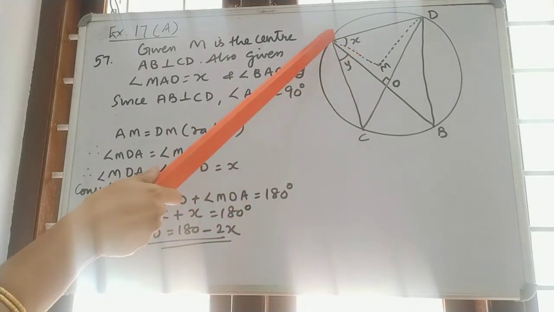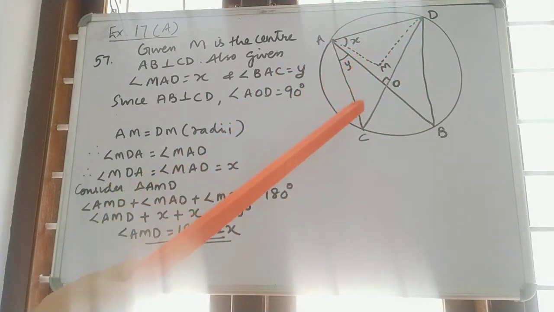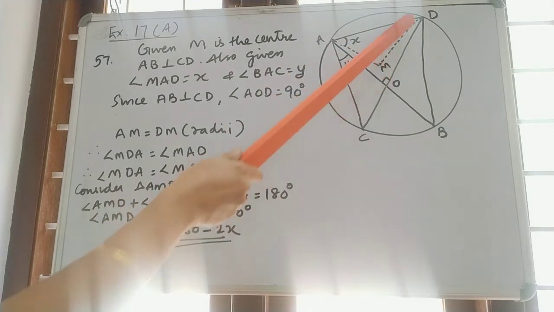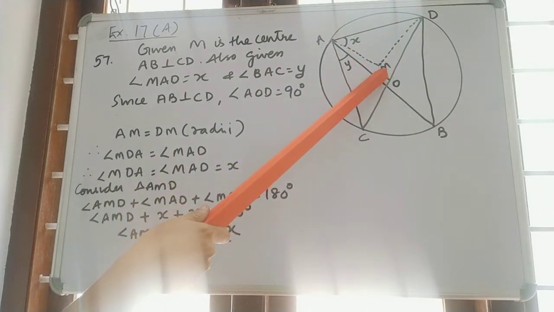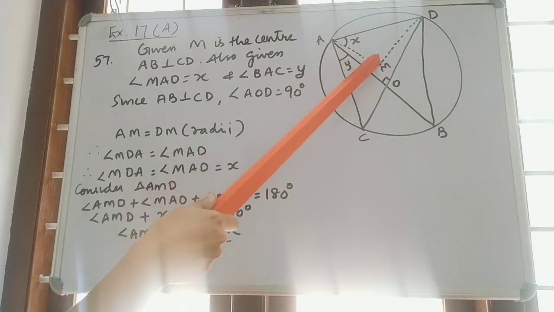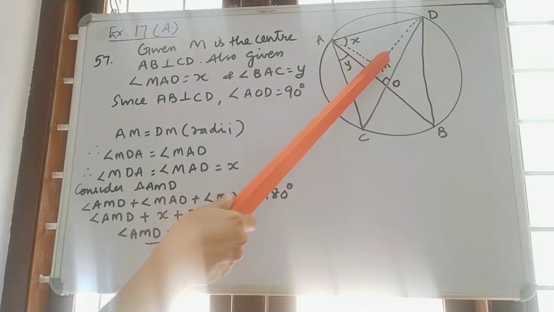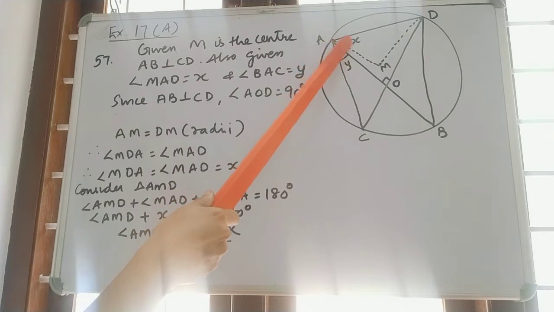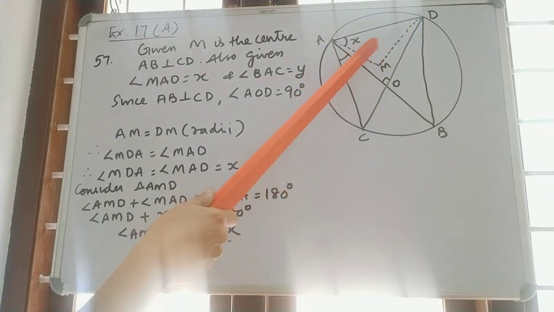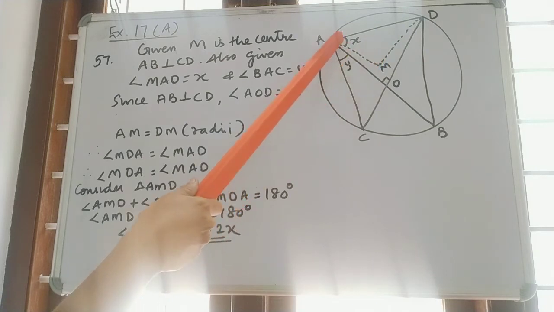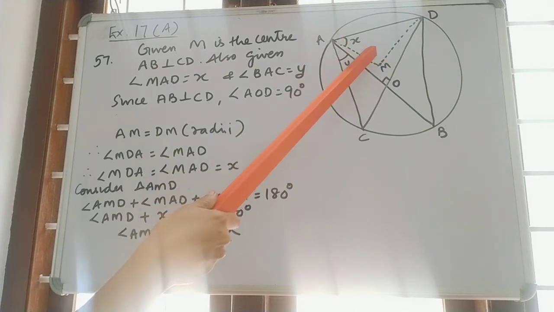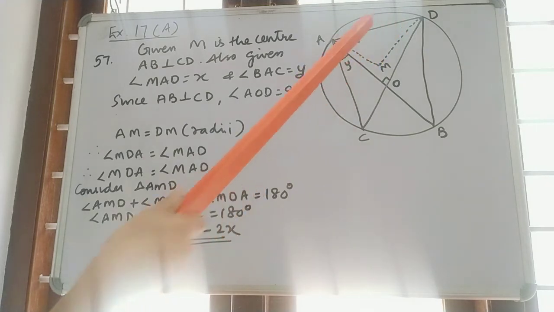Since AB is perpendicular to CD, angle AOD will be 90 degrees. AM and MD are the radii of the circle, since M is the center of the circle. Since the radii are equal, the angles opposite to them will be equal.